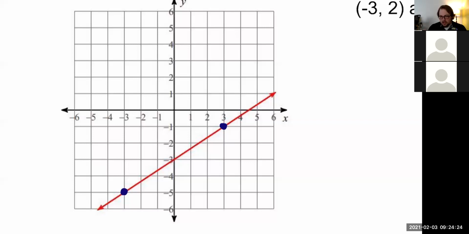So long as you have 2 points, you pick whichever one you want to start at, and then you start counting. So let me change my pen color here. Let's go green. So I'm going to start at (-3, -5). How many units do I have to rise to get at the same level as the ordered pair (3, -1)?